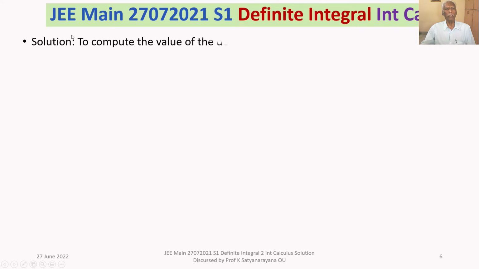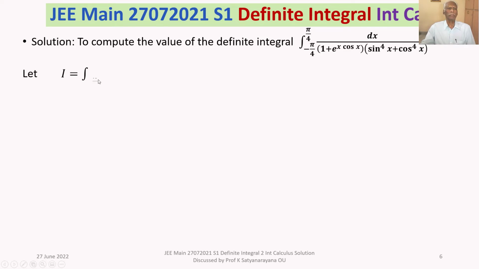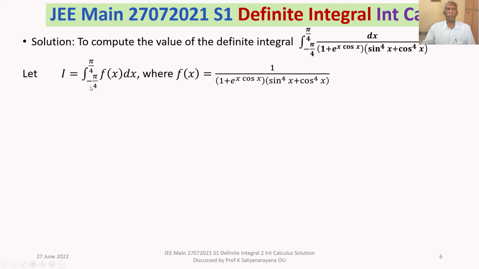We now discuss the solution of the problem in detail. We want to compute the value of this given definite integral. Let I be equal to the integral from minus pi by 4 to pi by 4 of f(x) dx, where f(x) is 1 by, in the denominator, the product 1 plus e power x cos x multiplied by the second factor sin power 4x plus cos power 4x.